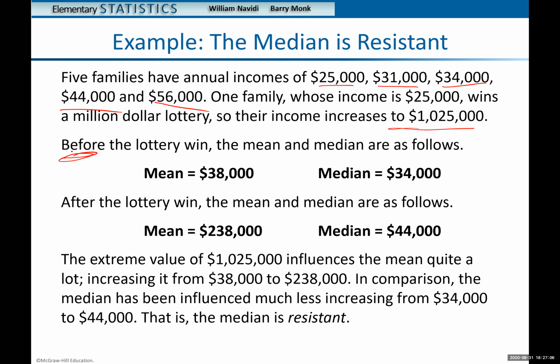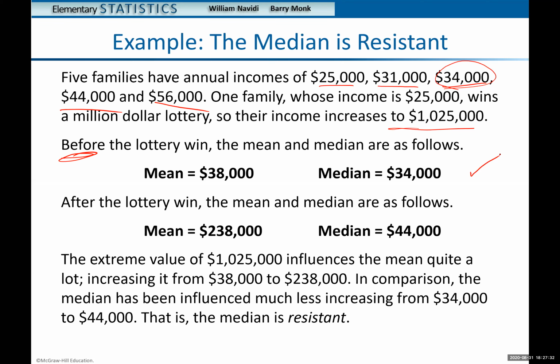So mean is add these 5 numbers, 1, 2, 3, 4, 5, divided by 5, and you will get 38,000. The next, for the median, arrange the 5 numbers in order, and this is actually in order, so the middle is 34,000.